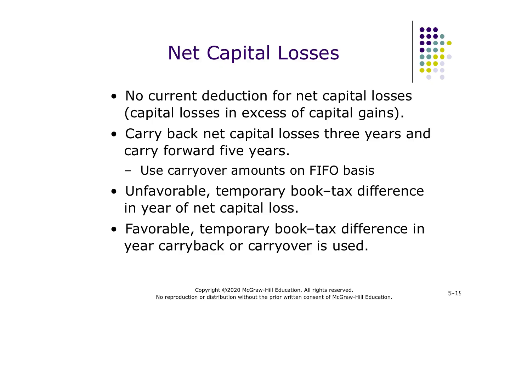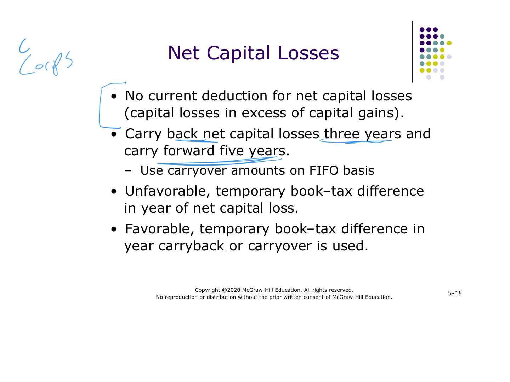So another source of book tax differences are net capital losses, all right? Remember that we're talking about corporations, right? And so whenever we talk about corporations, we assume we're talking about C corporations, or at least entities taxed as C corporations. So there's no current deduction for net capital losses for C corporations, right? But they can carry them back 3 years and carry them forward 5 years, all right?